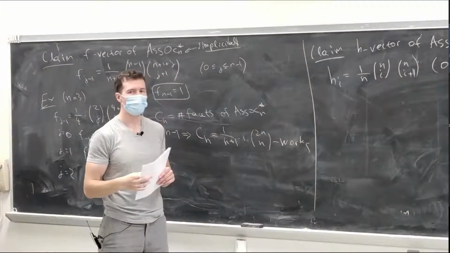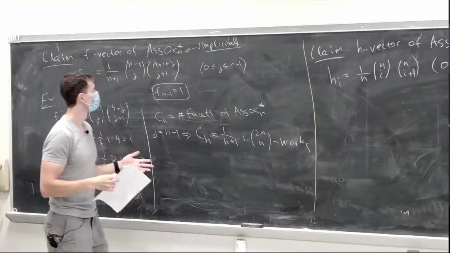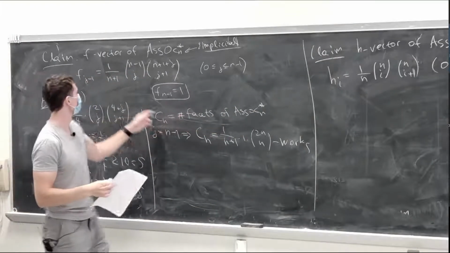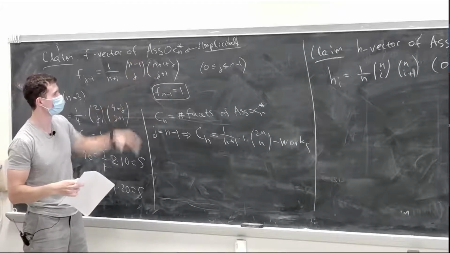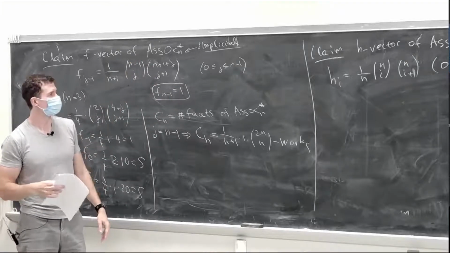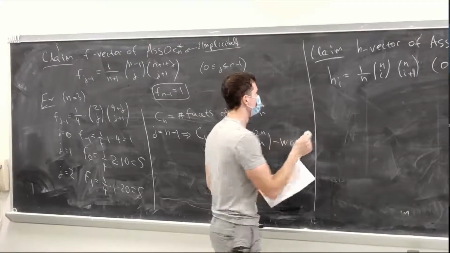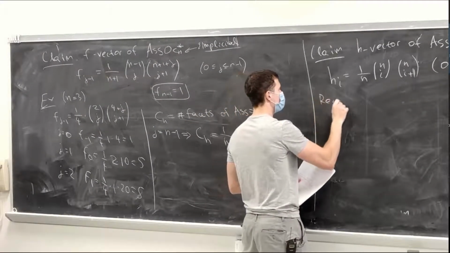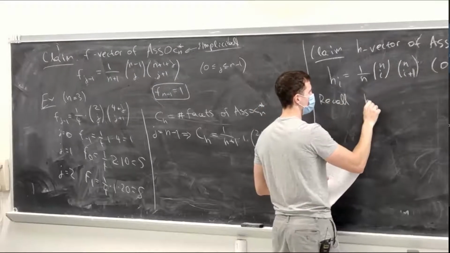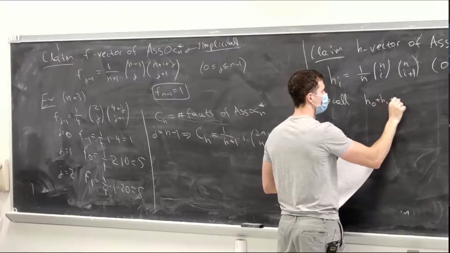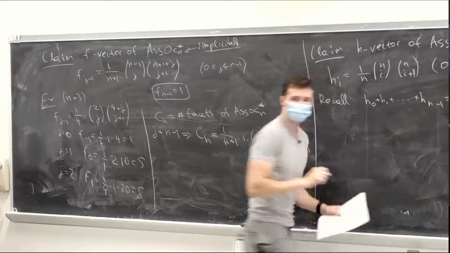So how is this special? These two formulas look almost identical, except for some indices. But first of all, can you remind me: remember what happens if I take the sum of all entries of the h vector? What do I get?